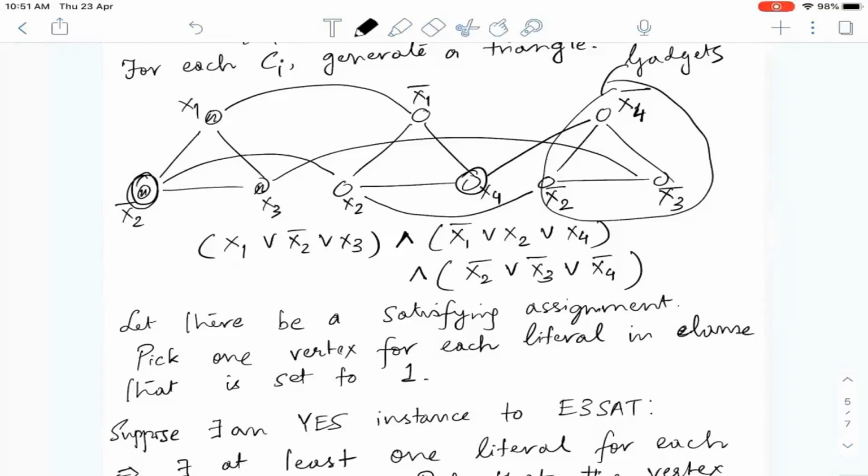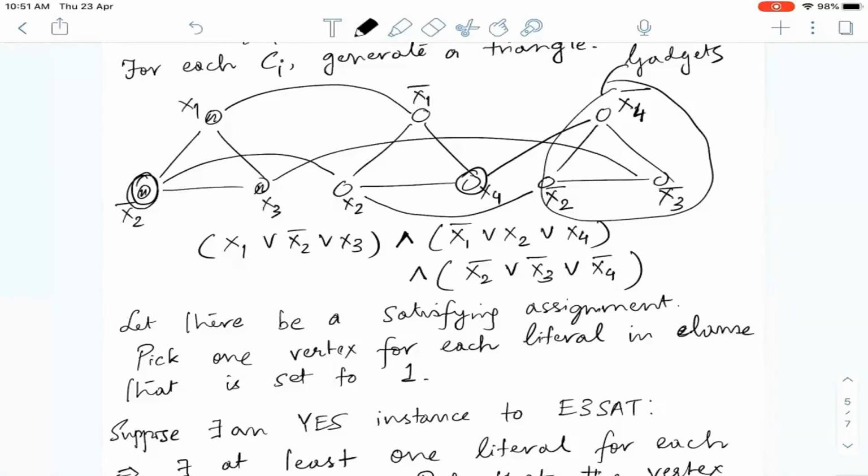The answer is that suppose you have k plus 1 vertices in your set. That means there is at least one triangle for which you have picked at least two vertices. But if you pick two vertices from a triangle, that cannot be an independent set.